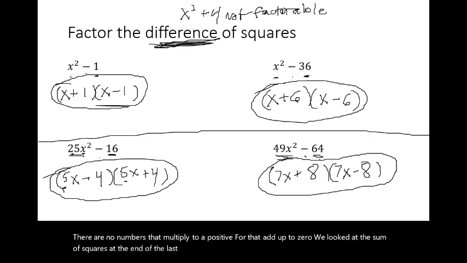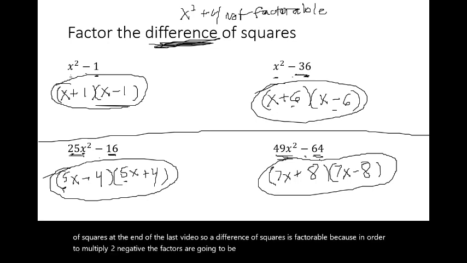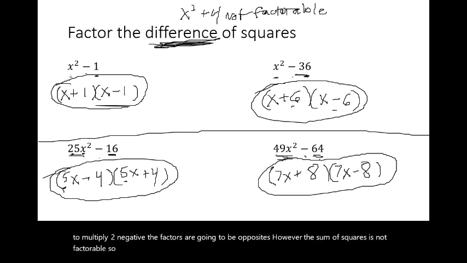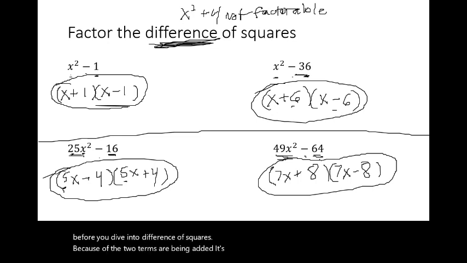So a difference of squares is factorable because in order to multiply to a negative, the factors need to be opposites. However, the sum of squares is not factorable. So when you have two terms, make sure that the two terms are being subtracted before you dive into difference of squares. Because if the two terms are being added, it's not factorable.